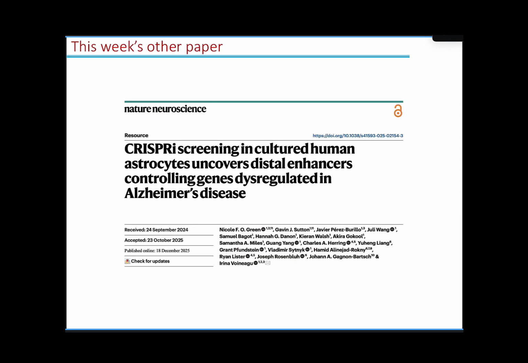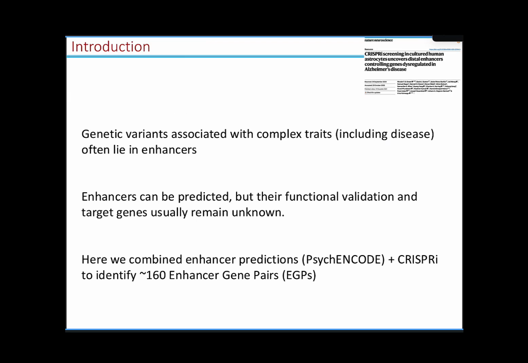So the next paper that we'll discuss is CRISPRi screening in cultured human astrocytes uncovers distal enhancers controlling genes dysregulated in Alzheimer's disease. And in the introduction, one of the things that the authors point out is that genetic variants that are associated with complex traits.